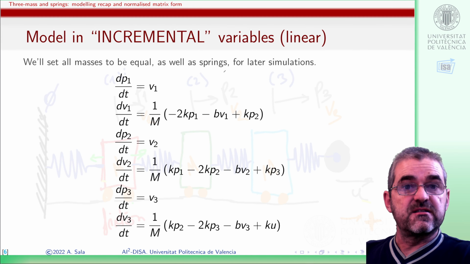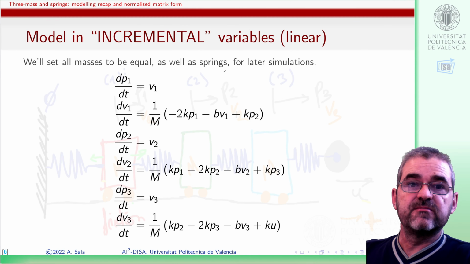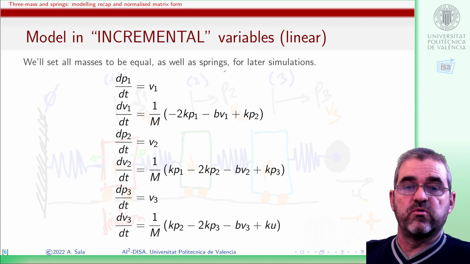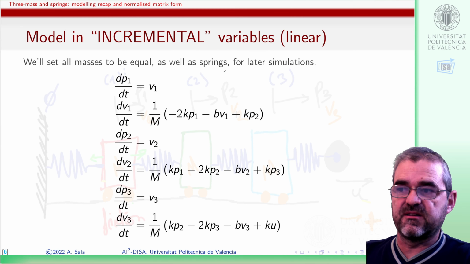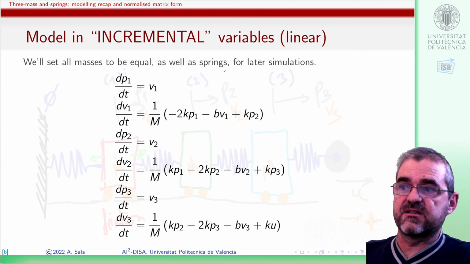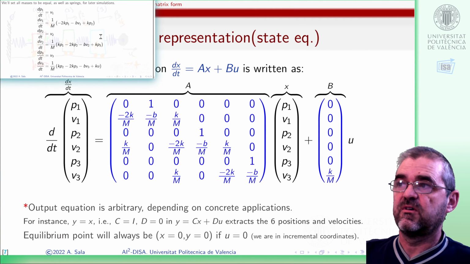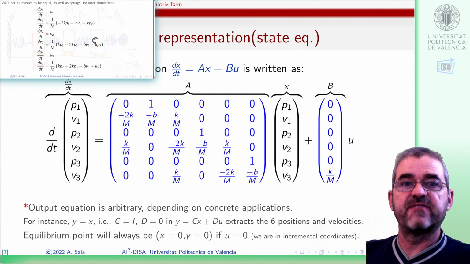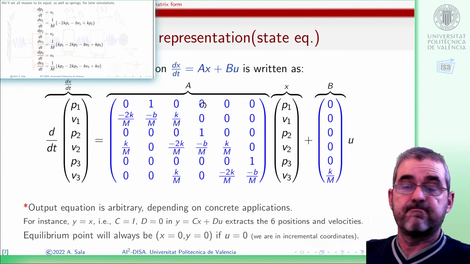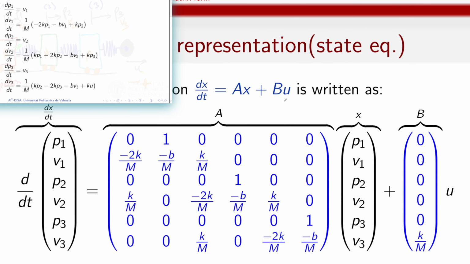Writing a linear system of equations in matrix form is something that you do even in high school, maybe. So by looking at these equations, for convenience, I am fixing them on screen on the top left. Then, starting with the easy part, the B matrix is made with the coefficients that multiply the input u.